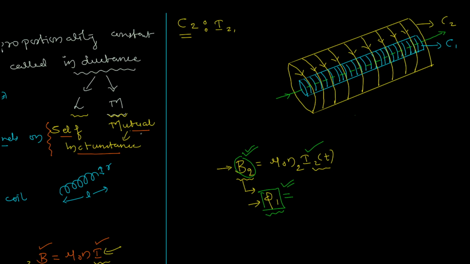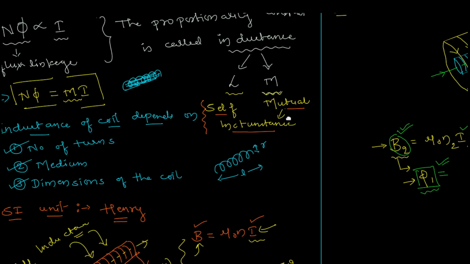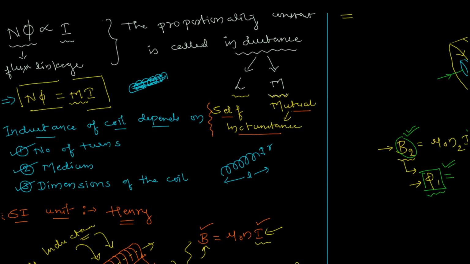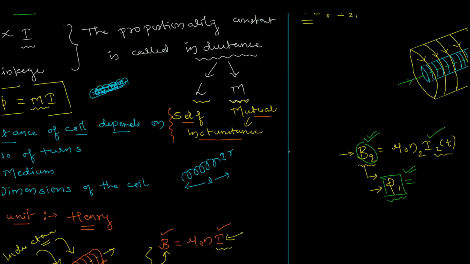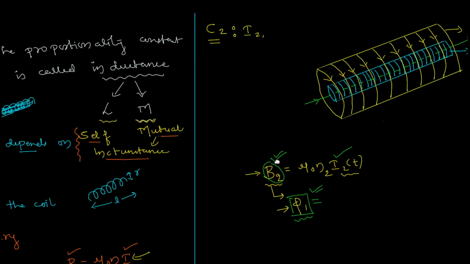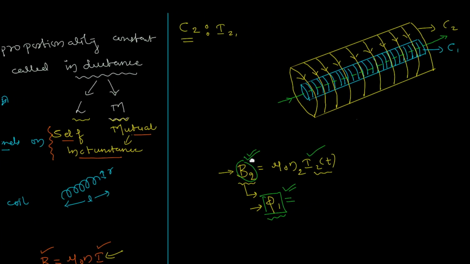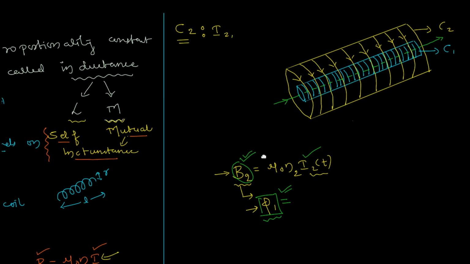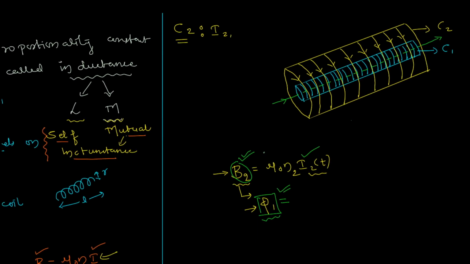Both mutual induction and self inductance depend on the same things: the number of turns, medium and dimensions. All these things are still the same. However, based on how the induction takes place, we categorize them as mutual inductance and self inductance.